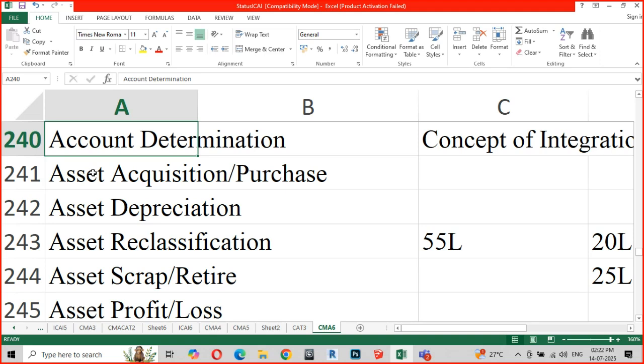Or you're procuring land. You're purchasing a building for your business. Correct? So this typical buying of the asset is referred to as your asset capitalization or your asset acquisition, or simply said, your purchasing of an asset.